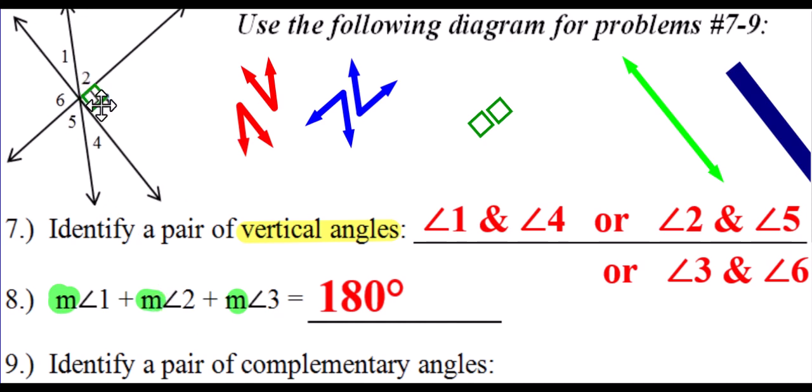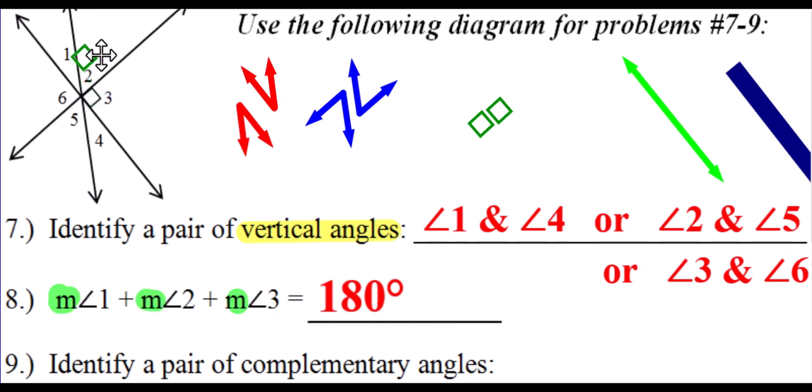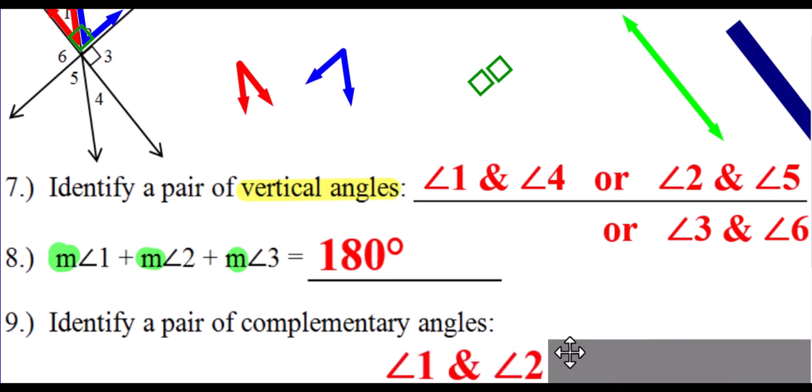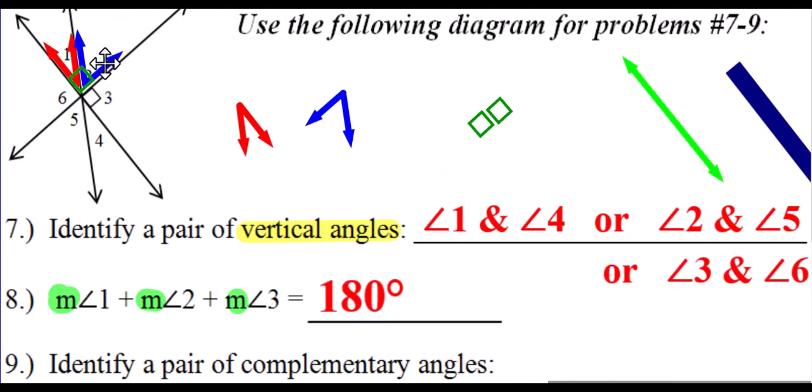If angle 3 is 90 degrees, then if you slide that right angle symbol, that square, along this straight line, you would see that angles 1 and 2 would also together form a right angle. So that means angles 1 and 2 are a pair of complementary angles, but they're not the only pair.